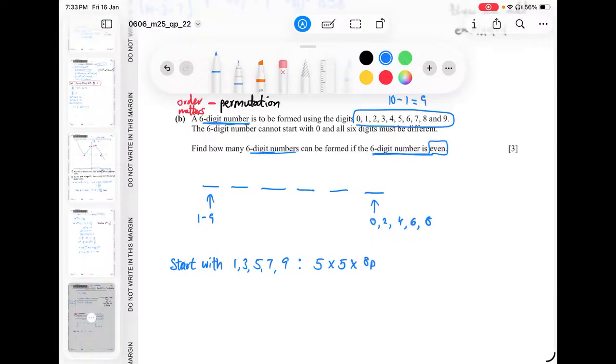So 8P4. So that's going to be your first case. So let me just write that. This is case 1. So 25 times 8P4 should give you 42,000.